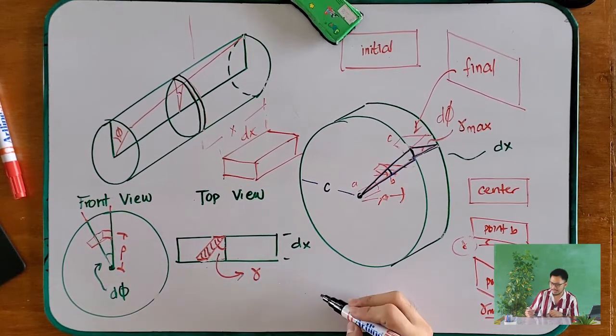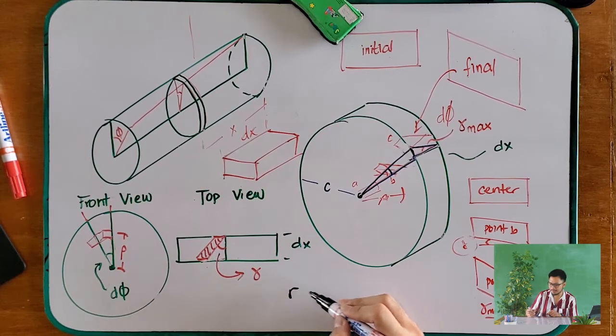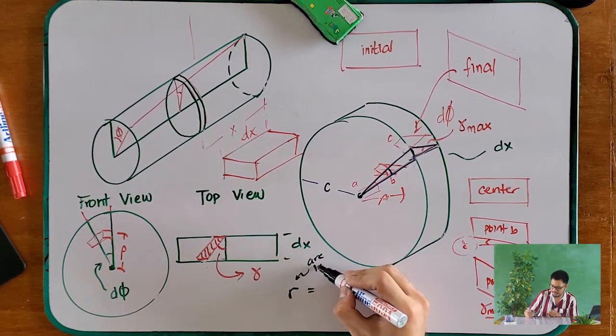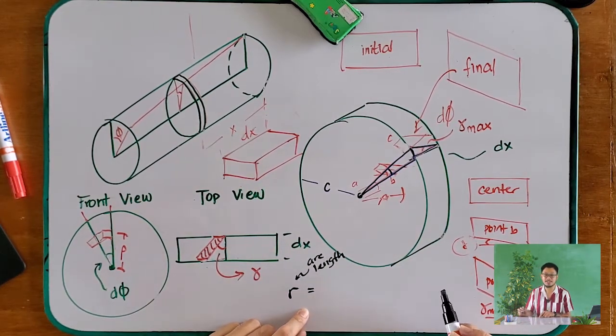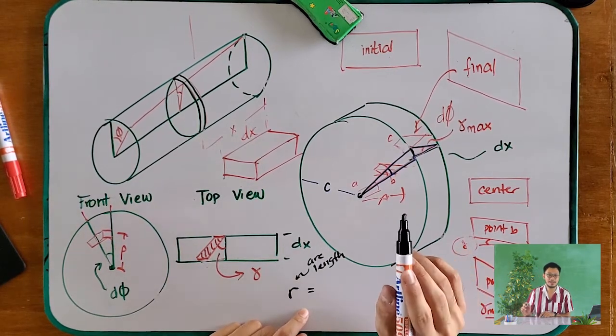Let's say the arc length is R. Arc length. Your arc length is equal to what? Radians times the radius to get the arc length.